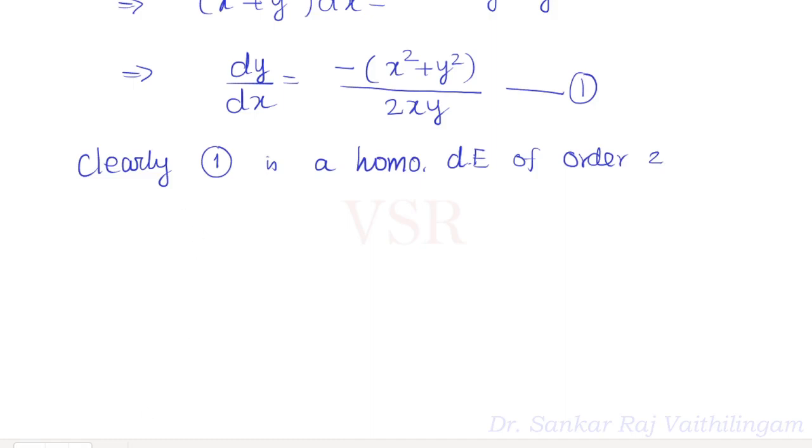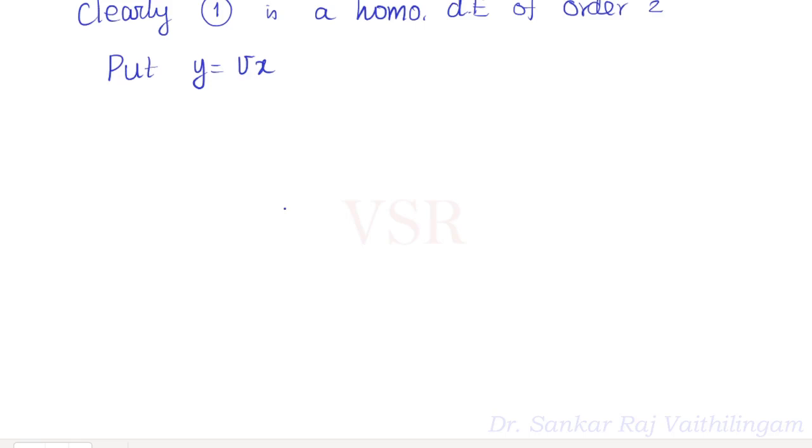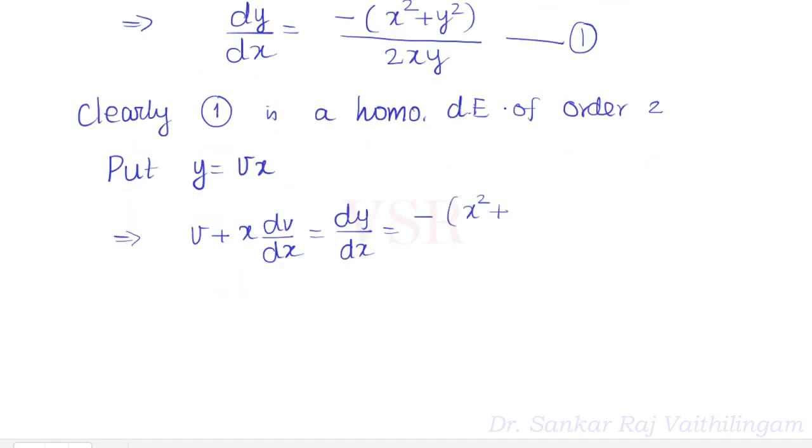அதை நான் apply பண்றேன். இது எப்படி apply பண்றேன் அப்படின்னா, put y is equal to v times x. அப்போ this implies that v plus x into dv by dx is equal to dy by dx, which is equal to minus (x square plus y square) divided by 2x into y. y க்கு பதிலா என்ன போடுவீங்க, vx.